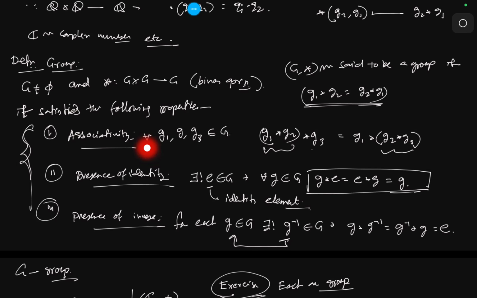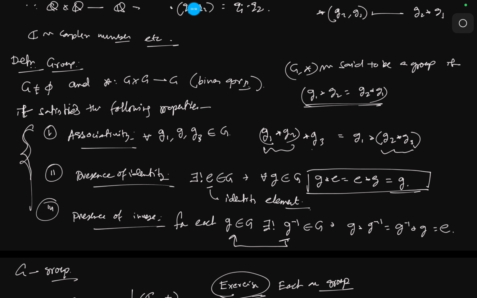One is associativity, that is, if you take any three elements g1, g2 and g3, it doesn't matter if I first operate g1 and g2 and then operate with g3 on the product, and it will be the same if we first operate between g2 and g3 and then operate g1 from the left side of the product.